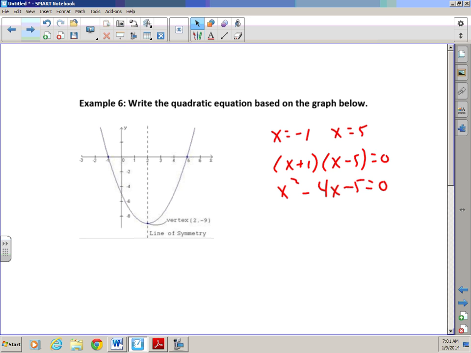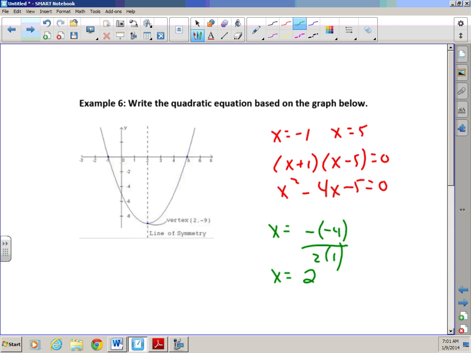Now the question is, does that have this vertex? So check it. And you can check this on your calculator, but let's just do it by hand. X equals -b over 2a. And yes, my vertex is 2, which is the vertex here. So this equation mirrors this.